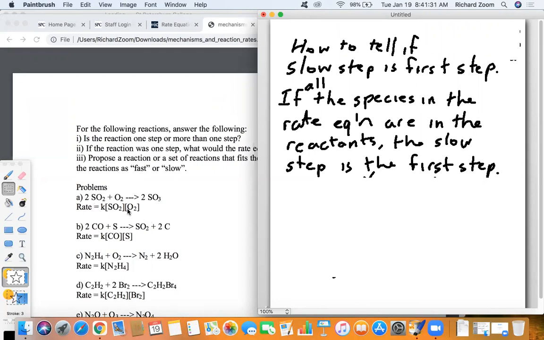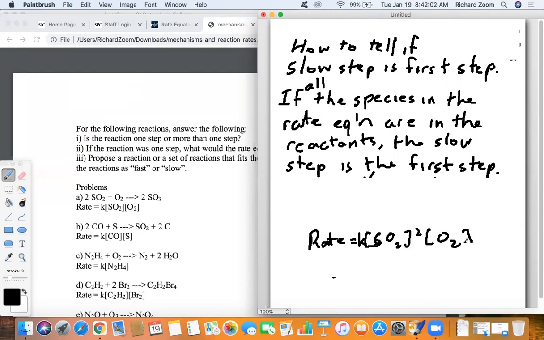Now the question you might be having is, well, what about the other SO2? That's also a reactant, but that's not what we're asking here. Let's say it was k[SO2]^2[O2]. Can anybody tell me what that would indicate? If the rate equation happened to have all of the reactants, what would that mean?